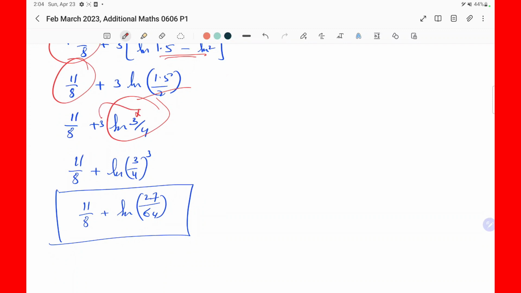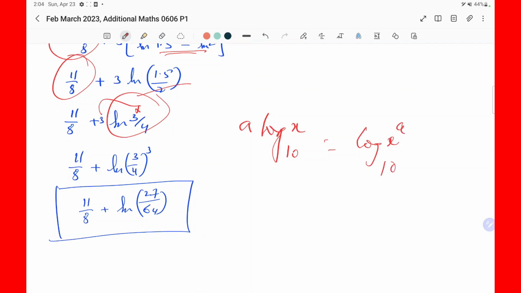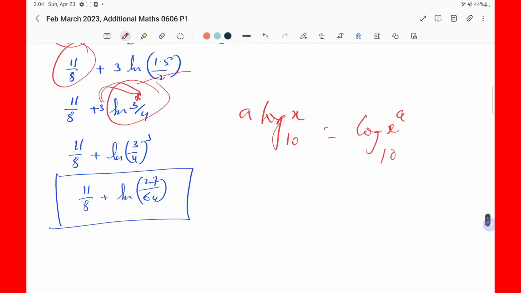Then take 3 back, like if you have a times log x base 10, you can write log x to the power a base 10, right? So take this 3 to the power of 3 over 4. Now this is 27 over 64, 11 over 8.